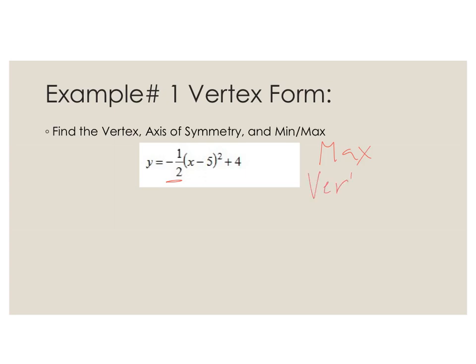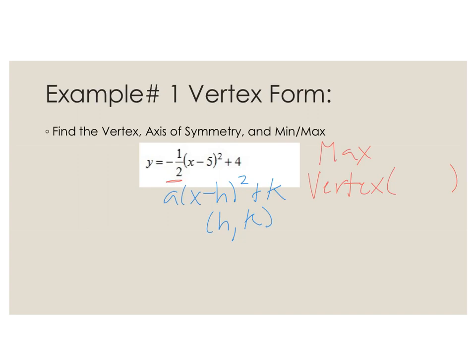The vertex, we need to look very carefully at how the form's written. If you remember, vertex form is a times x minus h squared plus k. Now, the vertex would be the value of h and then k. The k is pretty straightforward. However, the h is inside of a parenthesis, and it's written as x minus h.